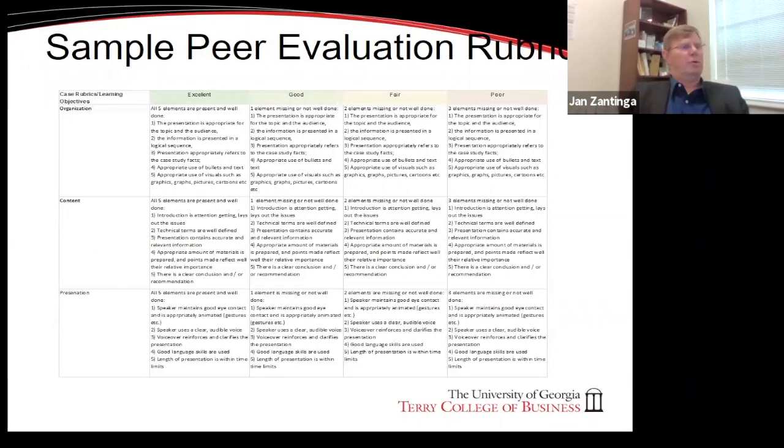So the reviewers see a rubric like this, and they listen to the presentation. And they say, well, in terms of the organization, I think the organization is good, and they click on good. I think the content is okay, but not fantastic, so I'm going to call that one fair. I think the presentation itself, the eye contact, the clear audible voice, the language skills, I'm going to give that an excellent.